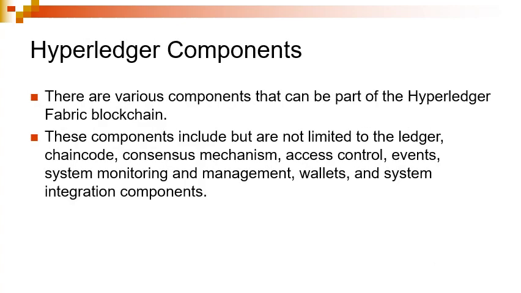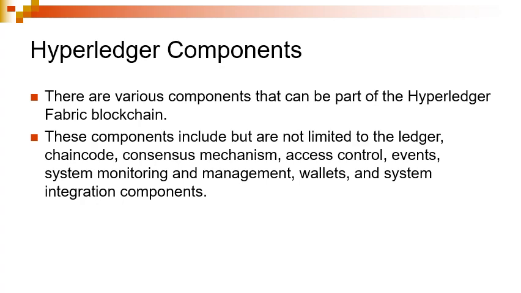Hyperledger components: there are various components that can be part of the Hyperledger Fabric blockchain. These include, but are not limited to, the ledger, chain code, consensus mechanism, access control, events, system monitoring and management, wallets, and system integration components.